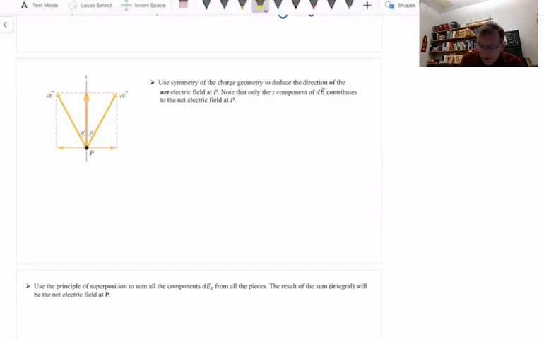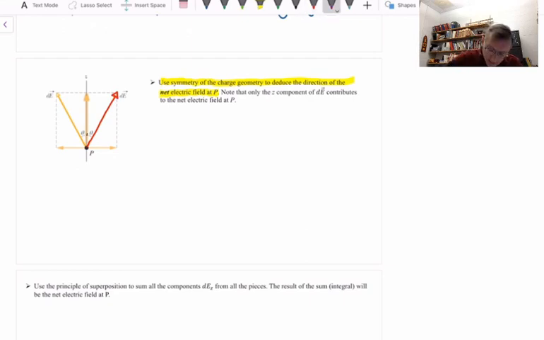We're using symmetry of the charge geometry to deduce the direction of the net electric field at point P. So now I've simplified the drawing a little bit to help you focus on the important part. I didn't even draw the ring right now. I just drew the point P, where we're finding the field, on the z-axis. There's the dE from the original piece of the ring.